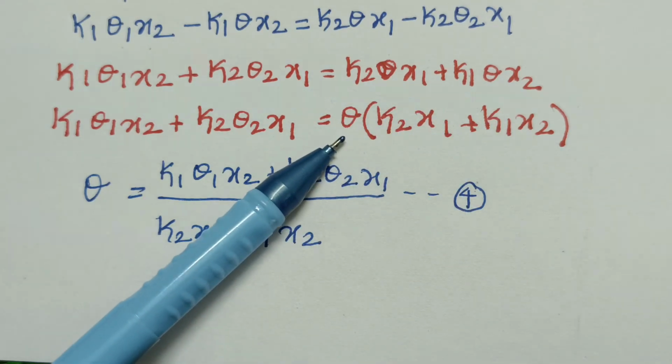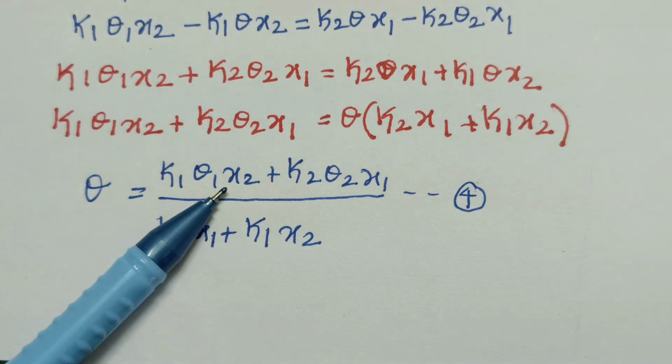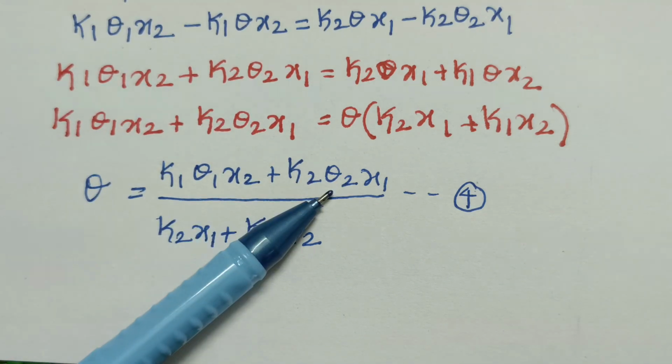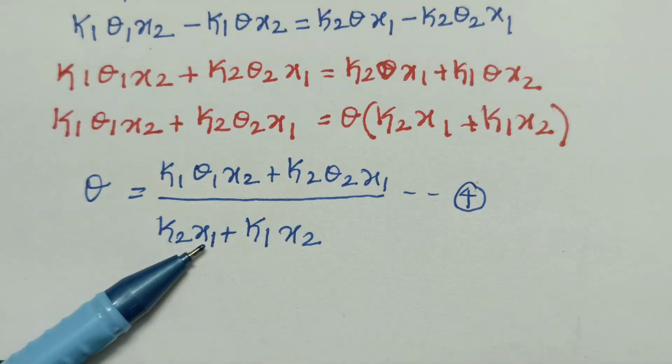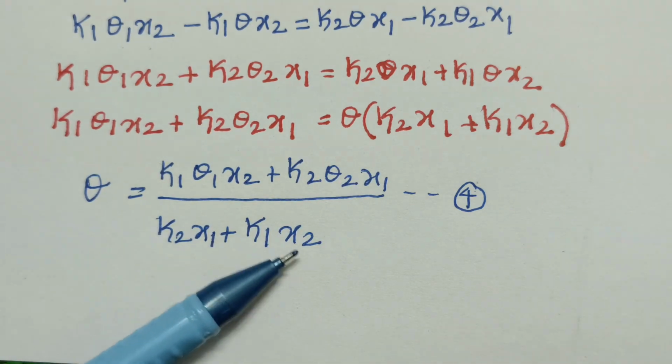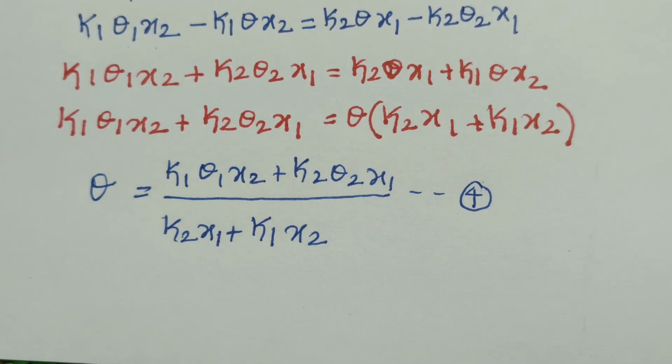Now we want to find the value of theta. The theta is equal to K1 theta 1 x2 plus K2 theta 2 x1 divided by the denominator K2 x1 plus K1 x2.